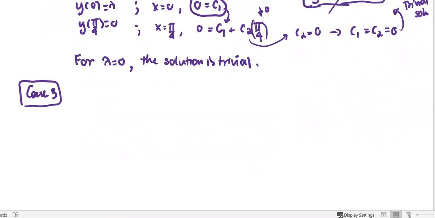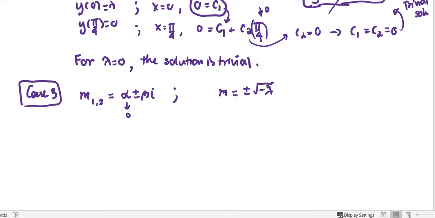For case 3, we look for m1 and m2 in the conjugate complex form, in the form alpha plus minus beta i. For our case here, we have m equals plus minus square root of negative lambda. To get the conjugate complex, the alpha is already 0.